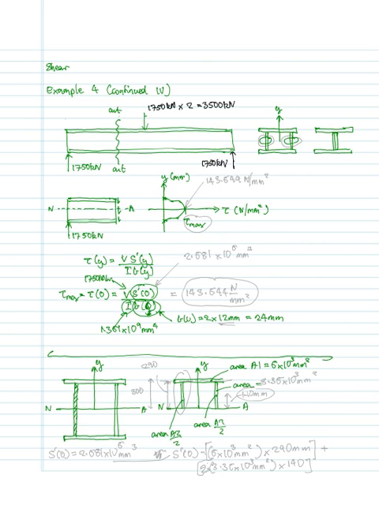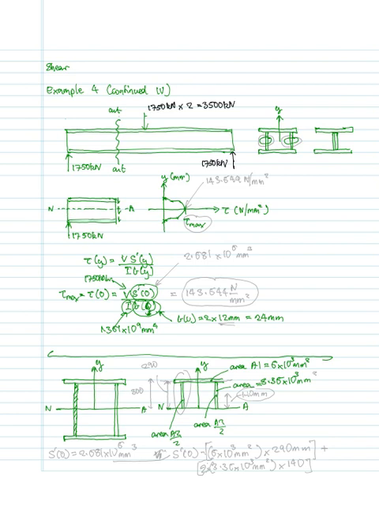And then this area here is going to be area A2 over 2, because before when we calculated A2 we assumed that A2 was the whole depth of the web.